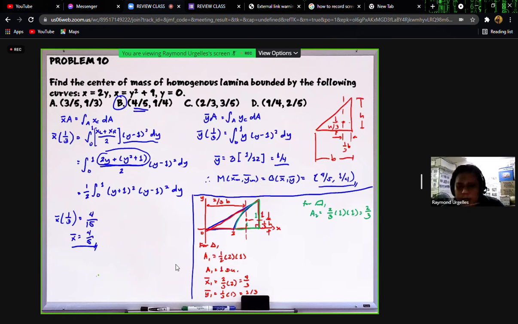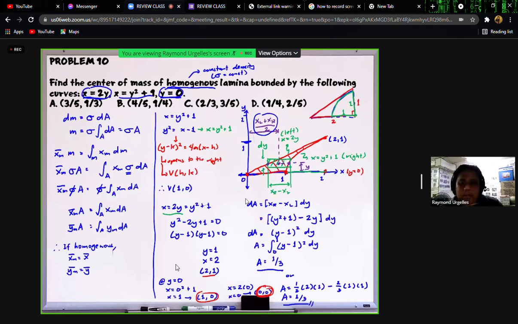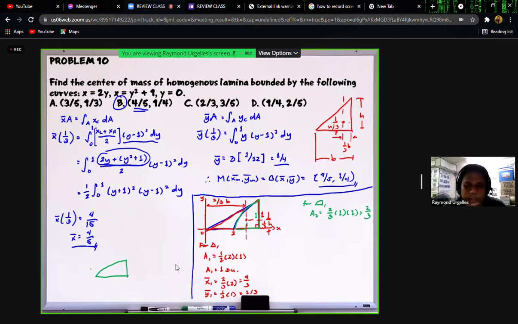our direct formula for a half parabola requires us to know where the base is and where the height is. The trick is to find where the vertex is. Where is our vertex? It's at (1, 0). So this is our vertex. From the vertex, the side opposite it is the base, and the side beside it is the height. So the centroid is somewhere around here.